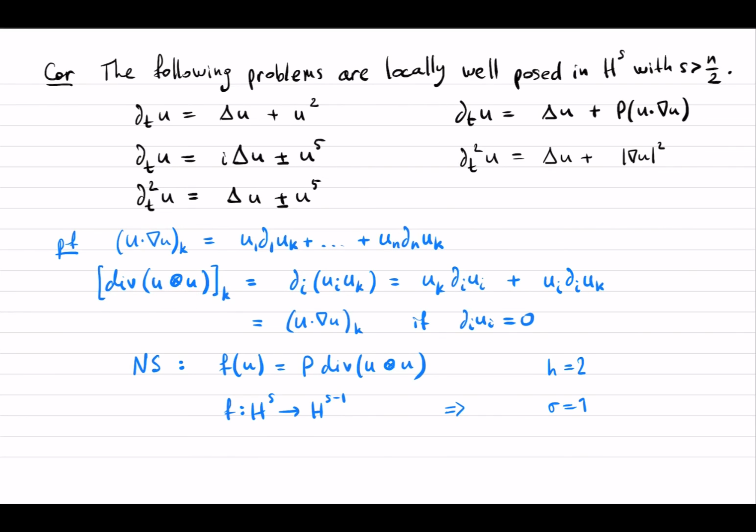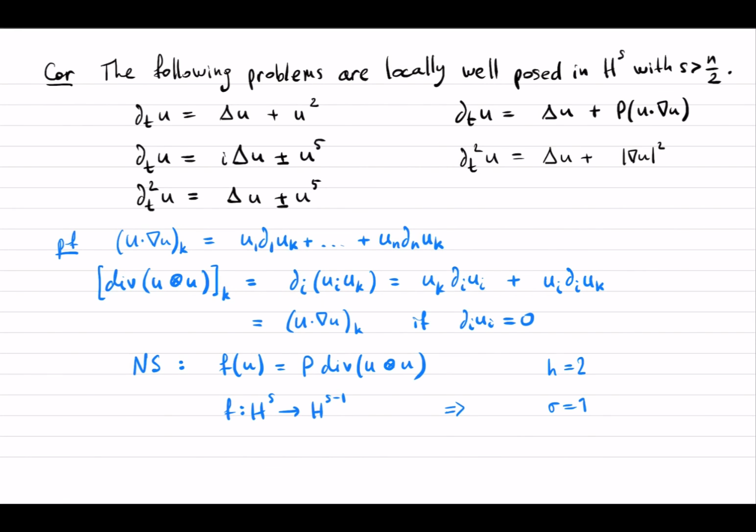So u tensor u is a matrix. It's also called outer product. And the divergence of that applied, let's say, column wise, is going to give us a vector. So that is to say, we get ui uk, that's a matrix with two indices. Then we take a derivative with respect to xi and sum over i.